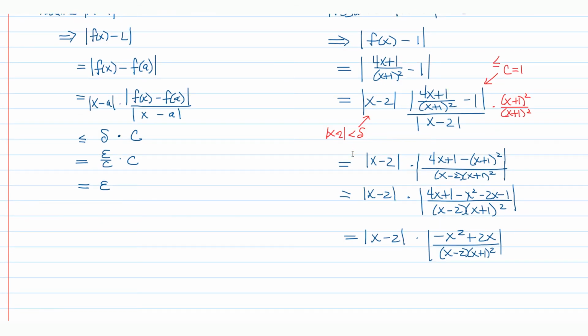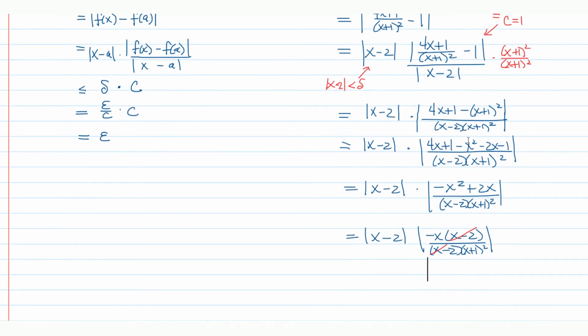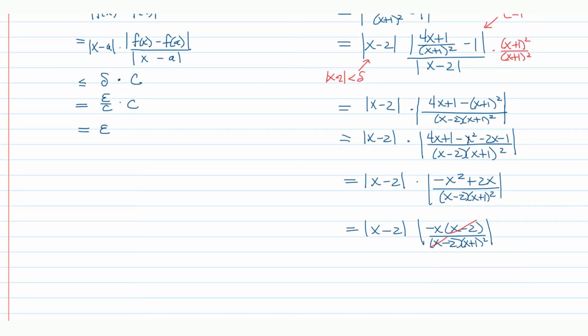Factoring out a negative x from the numerator there, we see that we have a common factor of x minus 2. We can divide that out. Since we have an absolute value there, there's no need to keep writing that negative in front of the x either. So we have the absolute value of x over x plus 1 squared.